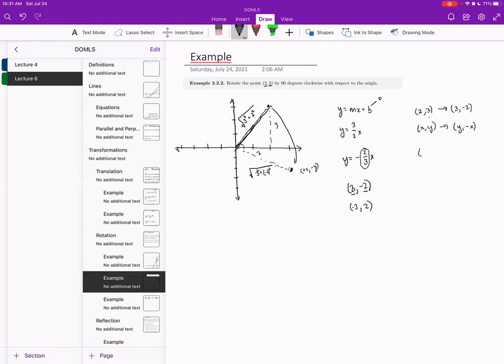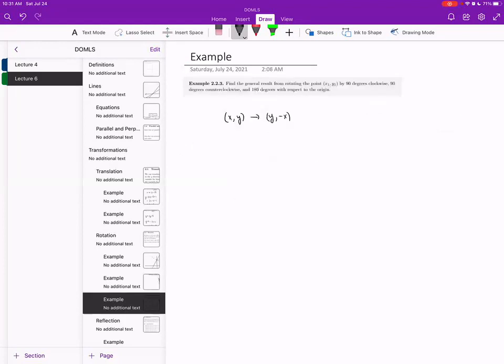So if we went counterclockwise, we would have gone from x, y to negative y, x. So clockwise would be this, and counterclockwise for 90 degrees, we would be going from x, y to negative y, x.